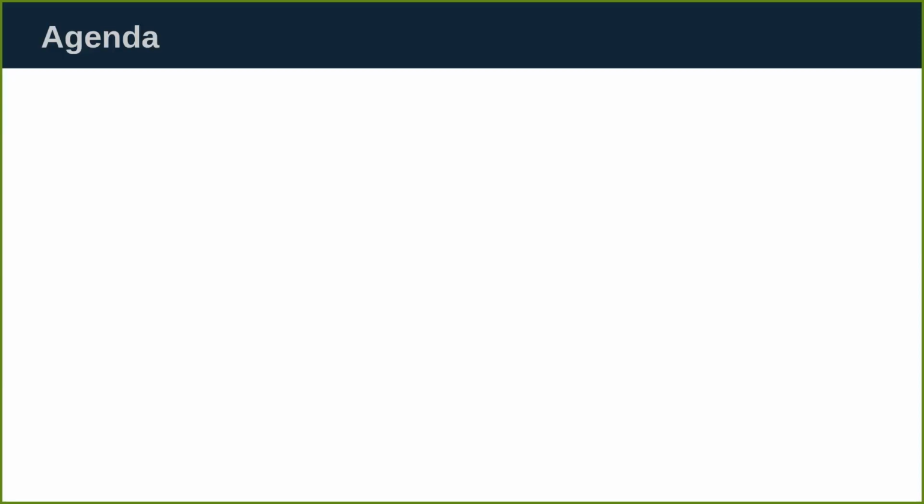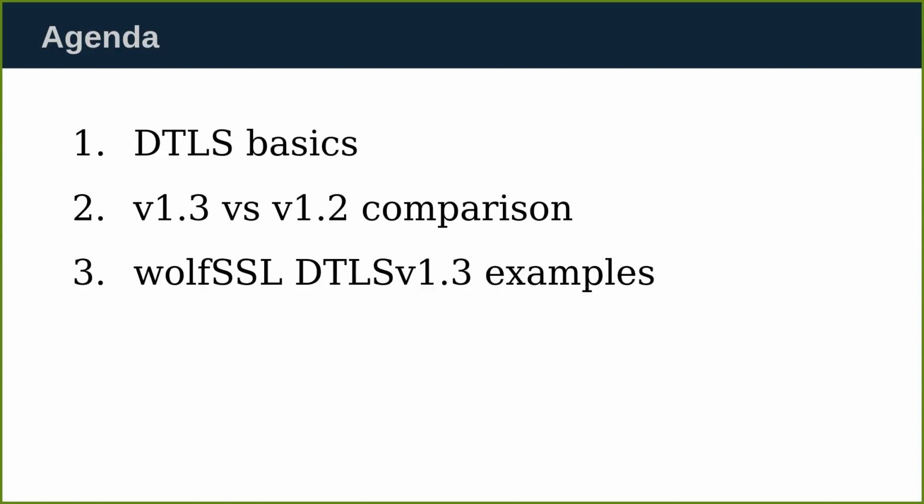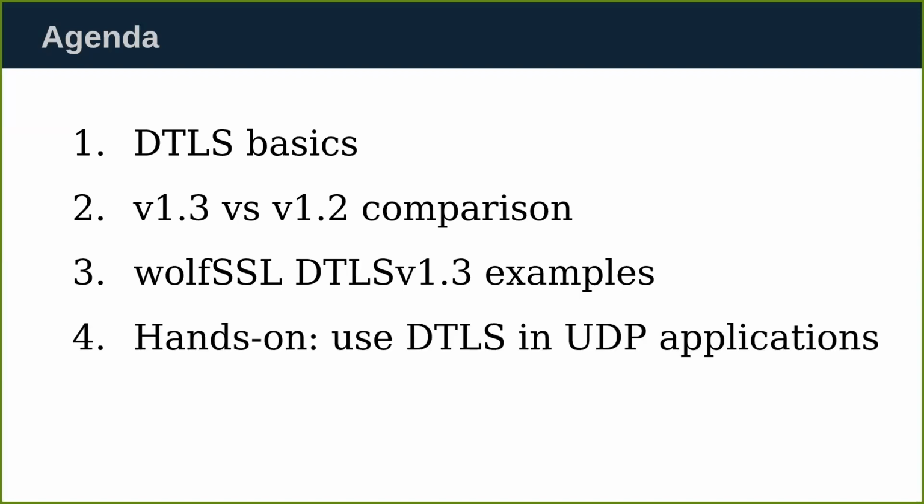So our agenda for today is going to be DTLS basics, where I'll talk about what DTLS is and when and why you should use it. A comparison between DTLS 1.3 and DTLS 1.2. Some examples using wolfSSL, where we will also be doing some network overview and analysis.